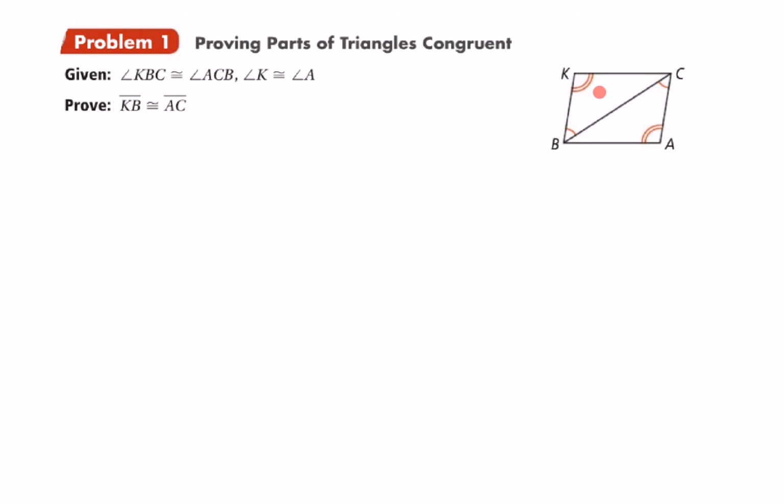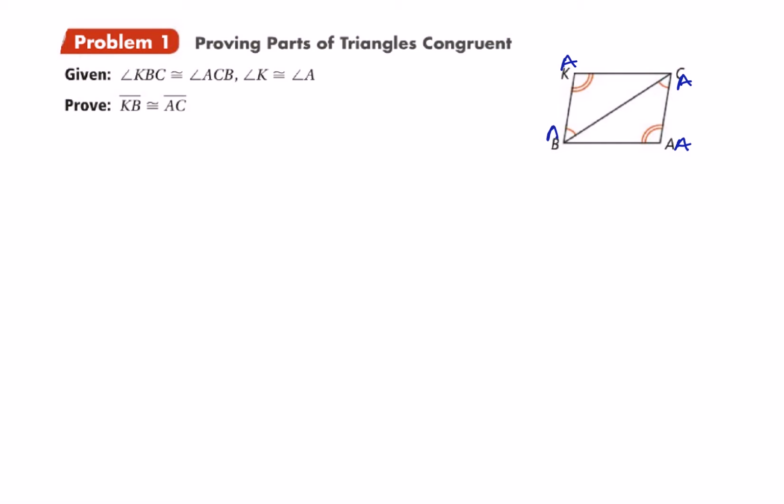So take a look at these two triangles, and I want you to ask yourself, why are these two triangles congruent? It's just like that worksheet we did a few days ago. Is it side, side, side, side, angle, angle, side? Which postulate makes them congruent? So looking at this, we know that this angle is congruent to this one.